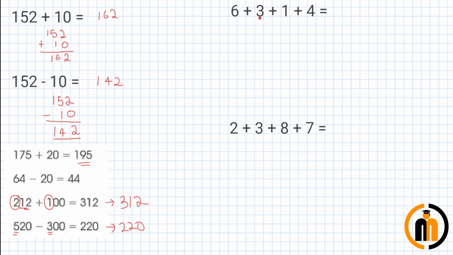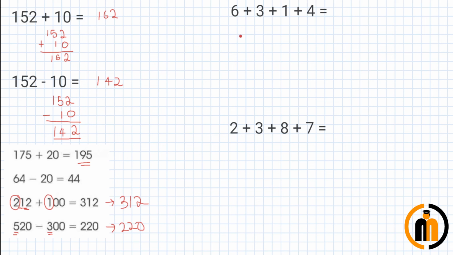Now some problems you'll get are more complex, with a lot of additions in one instead of just one addition. For things like this, you could try to solve in tens. What I mean is you try to find the numbers that will give you tens, solve that, and then it'll make it easier. In this example, we have 6 plus 3 plus 1 plus 4.